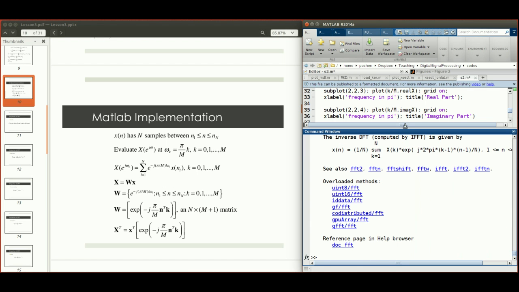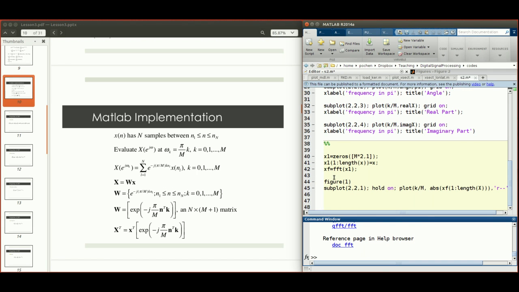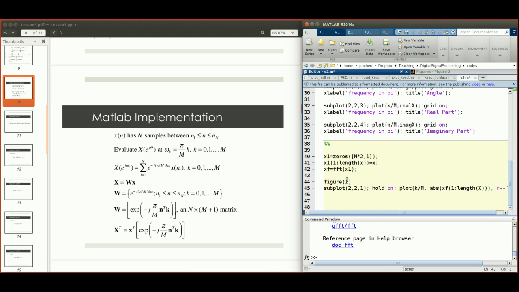And the reason Matlab is doing that is because it's basically assuming the horizontal axis of the input signal starts from point 0. So it's assuming that this x1 has a horizontal axis that starts from time 0, right?